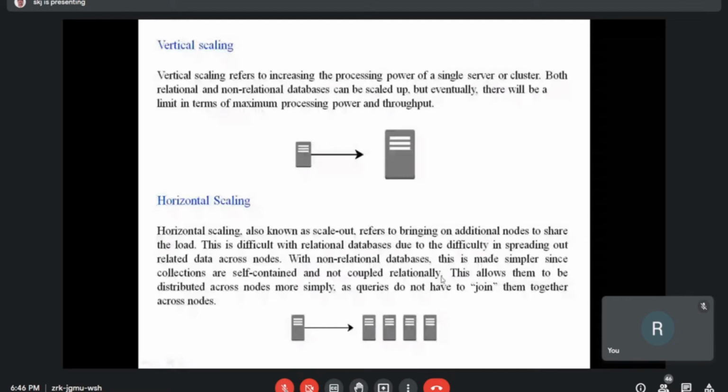Each data store has data that is not as related as it was in a relational database. This allows them to be distributed across nodes more simply, as queries do not have to join them together across the nodes. This is the advantage, and that's why horizontal scaling can be used.